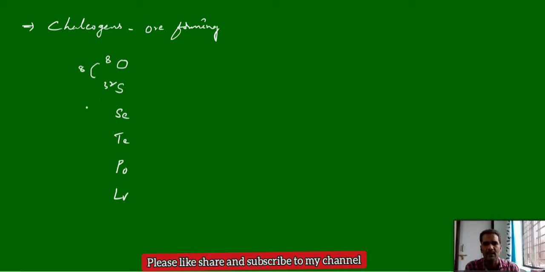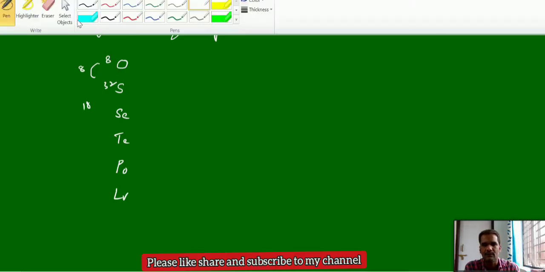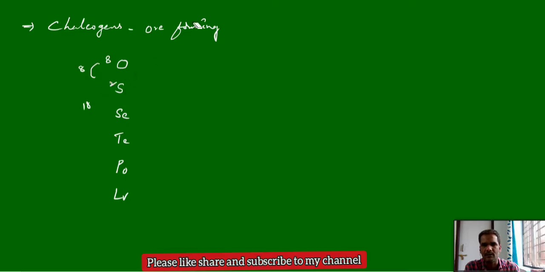Next, selenium, you have to add 18, 16 plus 18, you will get 34. Again add 18, 34 plus 18 is 52. Next add 32, so 52 plus 32 is 84. Then again add the magic number 32, and 84 plus 32 is 116. These are the atomic numbers: 8, 16, 34, 52, 84 and 116.